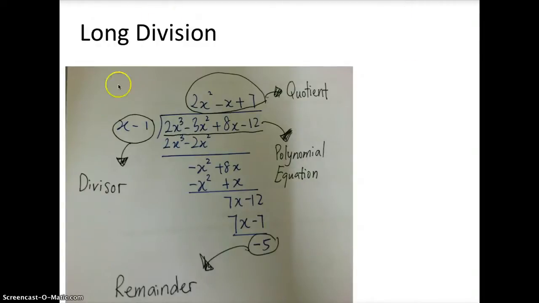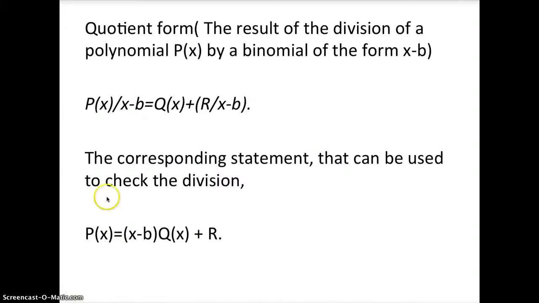So this is some basic knowledge about long division: this is the quotient, this is the polynomial, this is the divisor, and this is the remainder. Quotient form. So what is quotient form? The result of the division of a polynomial by a binomial of the form x minus b.